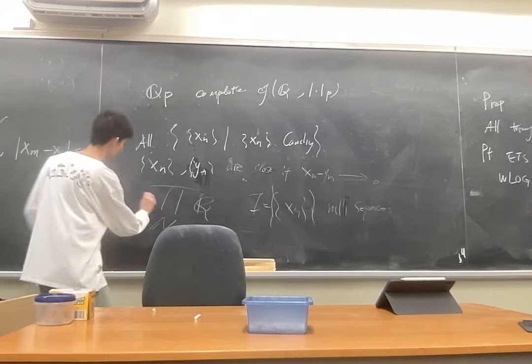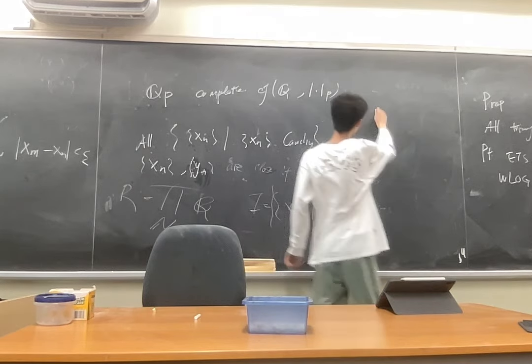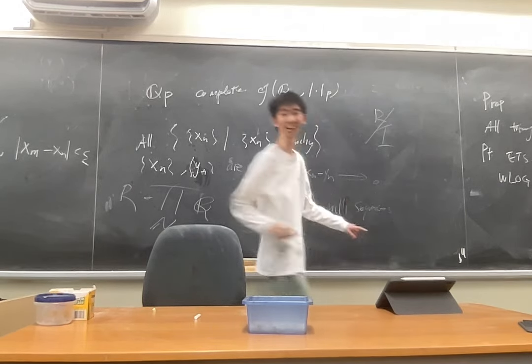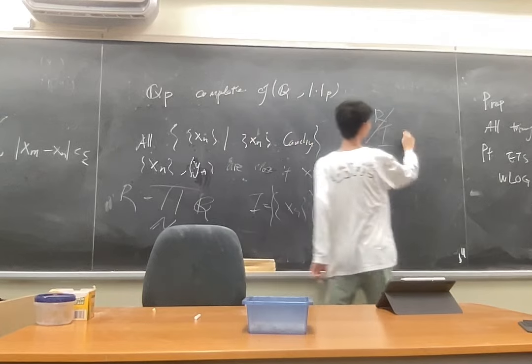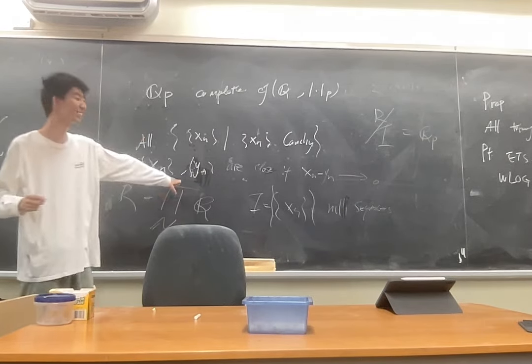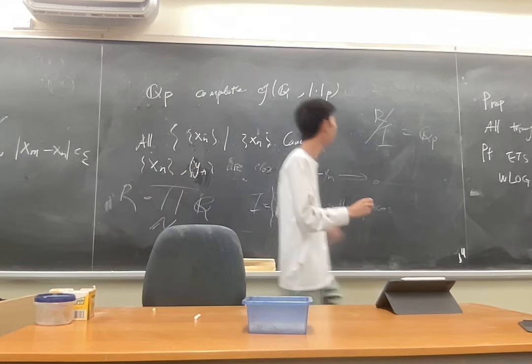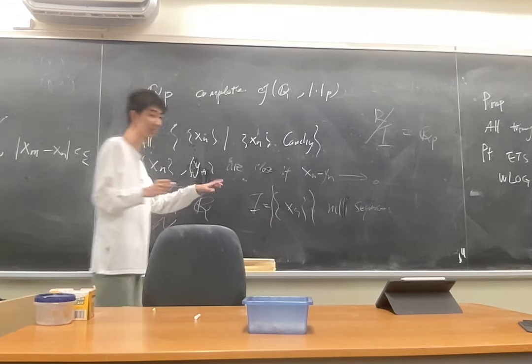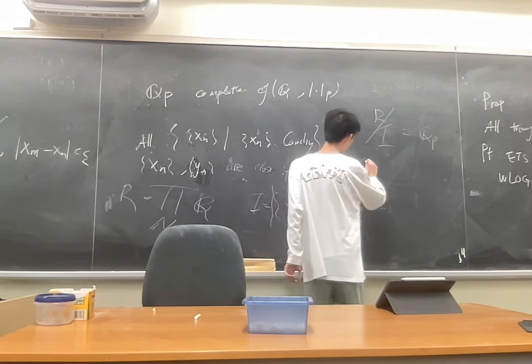Then you consider this ring R, and take R modulo the maximal ideal. By algebra, this is a field, and this is called the p-adic field, Q_p. And then we are saying Q is actually embedded, by injecting Q.